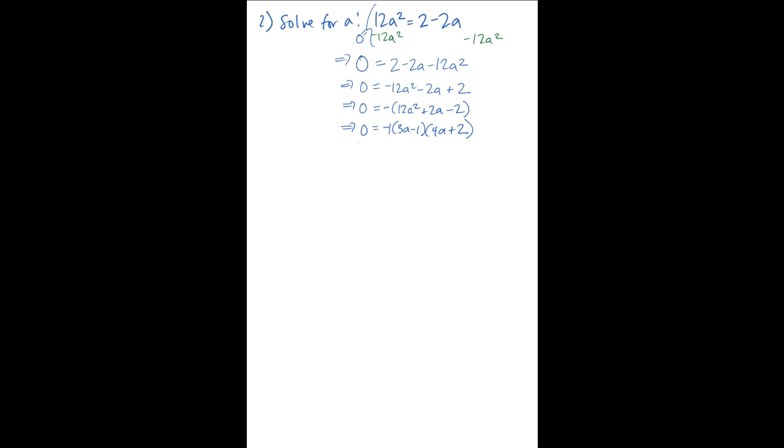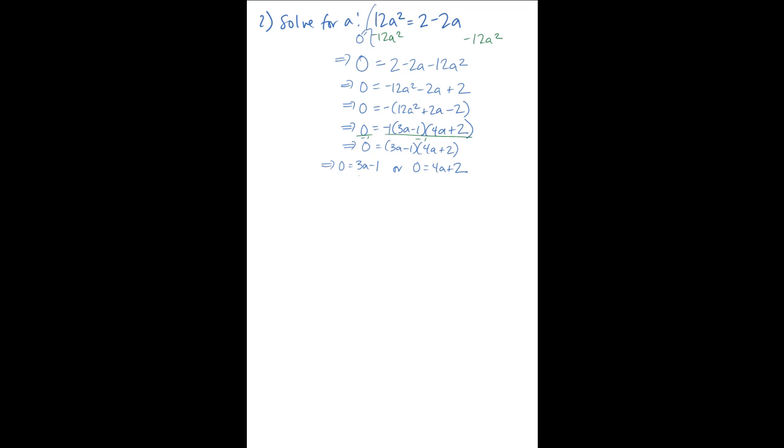And so this is really the same equation as just saying 0 equals 3a minus 1 times 4a plus 2. How did we get from here to there? Well, you could think of just dividing both sides by negative 1 if you like, and that would certainly get us to this next step. So this tells me that I either have 0 is equal to 3a minus 1, or I have 0 is equal to 4a plus 2.